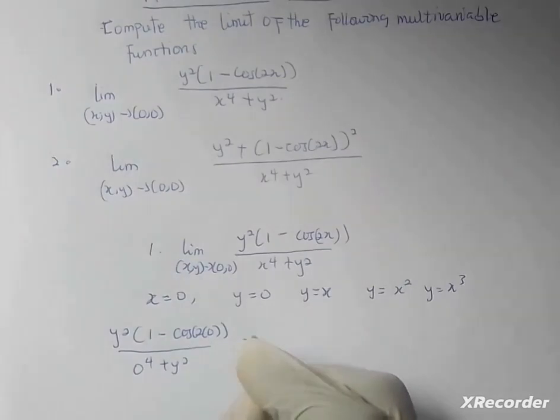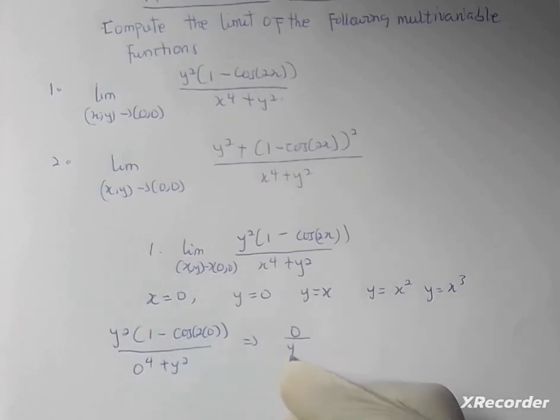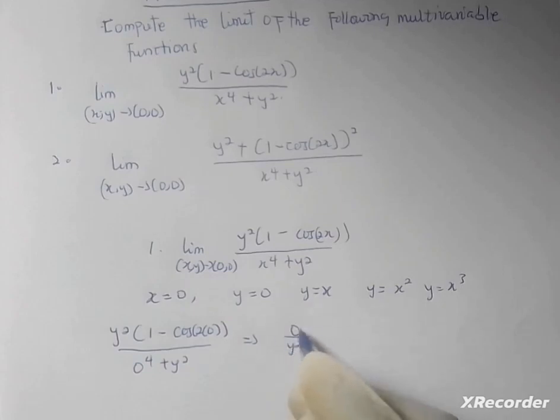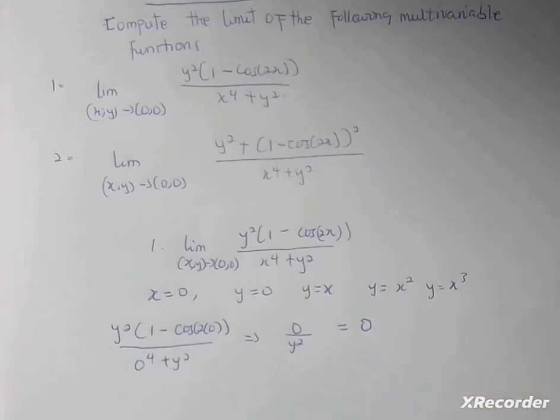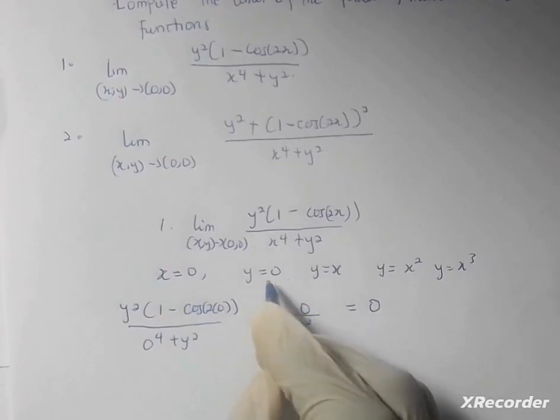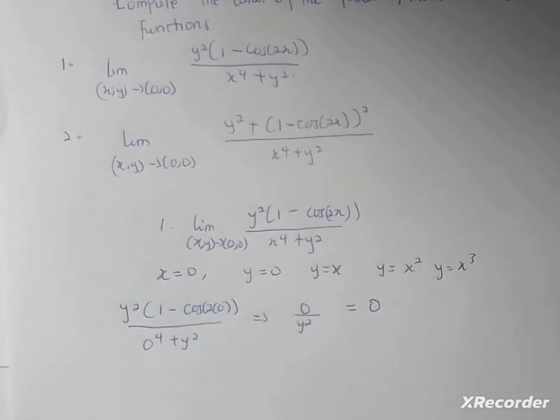You know that cos of 2 multiplying 0 is the same as cos 0, which is 1. So the numerator gives me 0, all over y squared. And if I find the limit of this resulting solution as (x,y) approaches (0,0), obviously my answer will be 0.